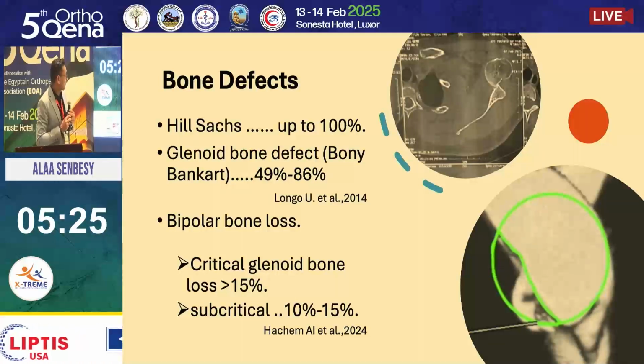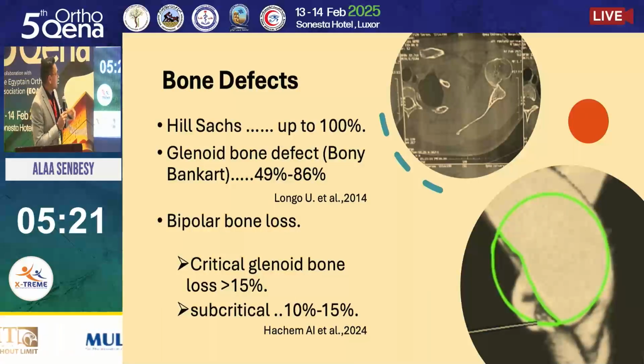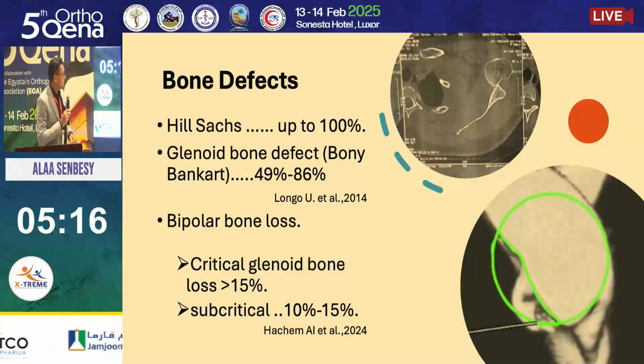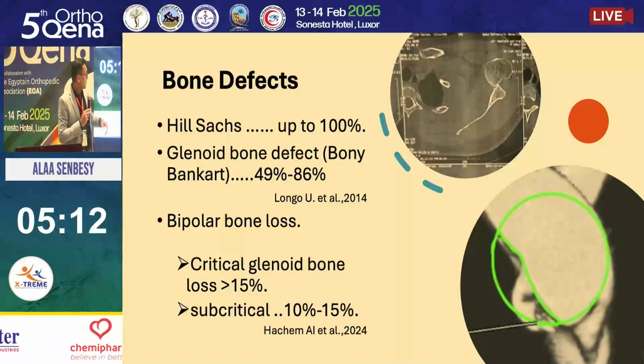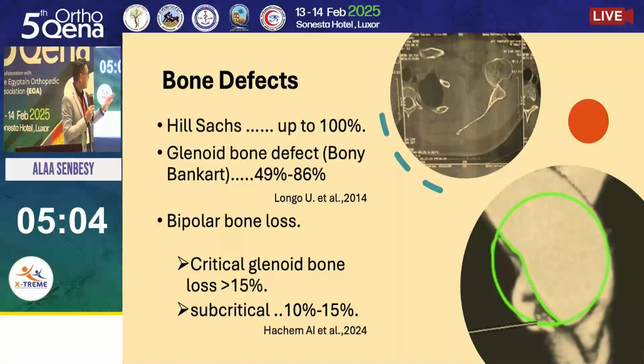In 2014, bipolar bone loss was the next expression. I mean that Hill-Sachs is accompanied with bony Bankart. So we have to measure the glenoid bone loss with the circle method, and if the glenoid bone loss is more than 15%, it's critical, and if it's between 10% and 15%, subcritical, according to Abdullah Hashim from the Barcelona Shoulder Group in 2024.